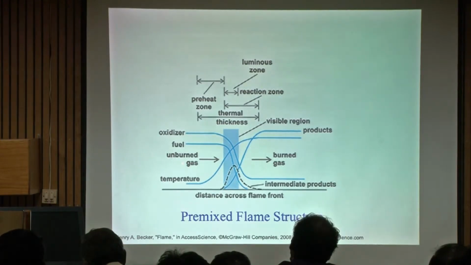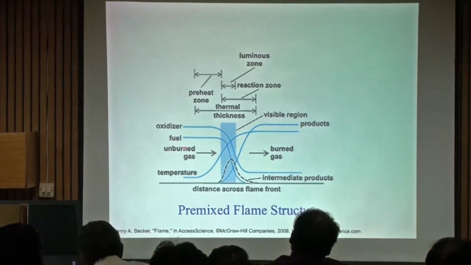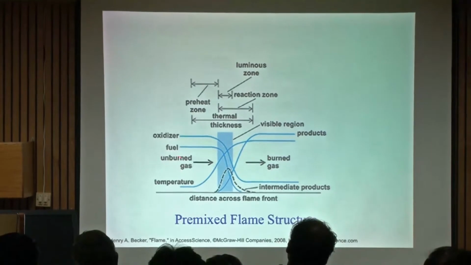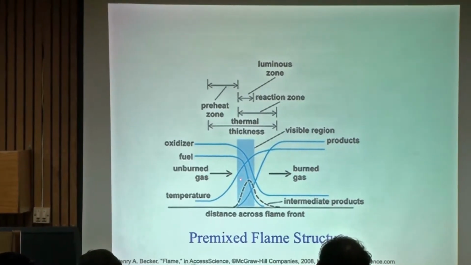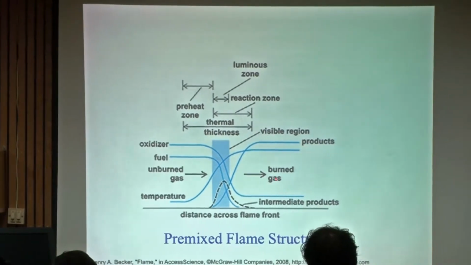The fuel air mixture is coming from this side, and you specify the equivalence ratio, and then you establish a flame. For a laminar flame you have to control this flow velocity. If the flow velocity here is equal to the laminar flame speed, then you will get a stationary flame.